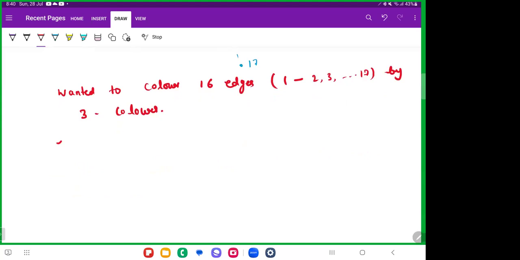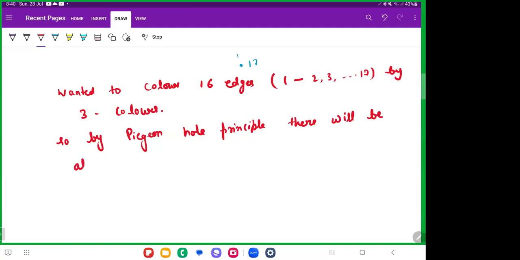So by pigeonhole principle, there will be at least 6 edges of the same color.